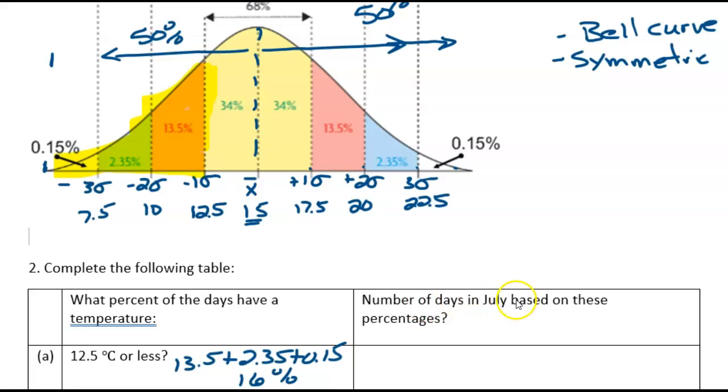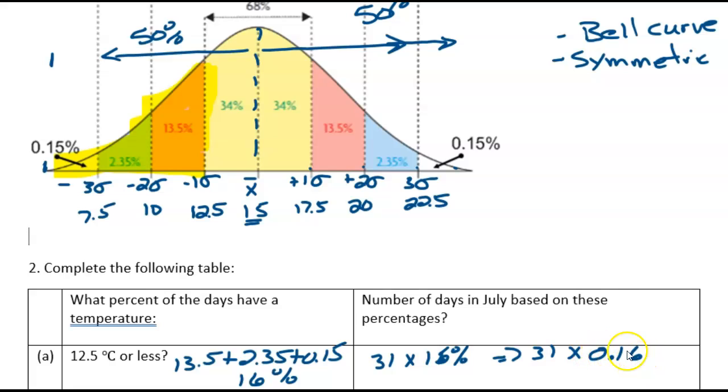Now, what are the number of days in July based on these temperatures? So 16% of the days in July have a temperature 12.5 degrees or less. What number of days would that be? Well, we know there's 31 days in July, and multiply that by 16%. Or 31, and you change your percent to a decimal.